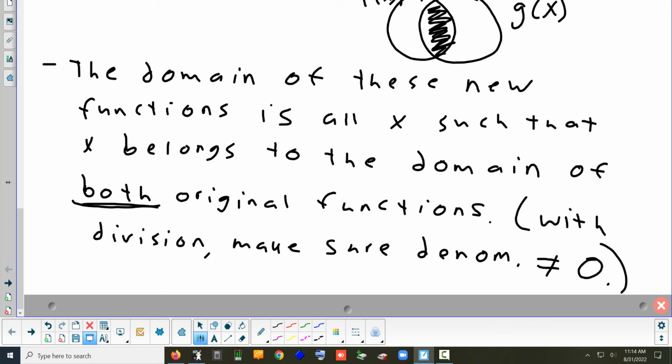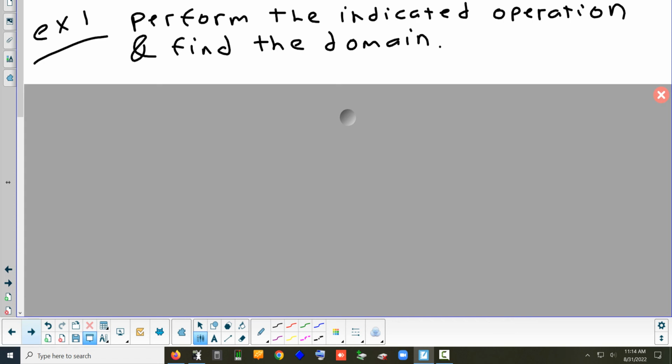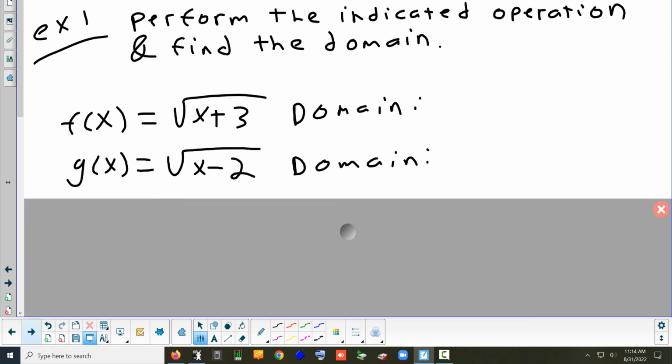All right, so let's try a couple examples where we figure out the domain and the range. All right, so here's two square root functions. And the first thing I want to do is just figure out what the domain of these two things are by themselves.